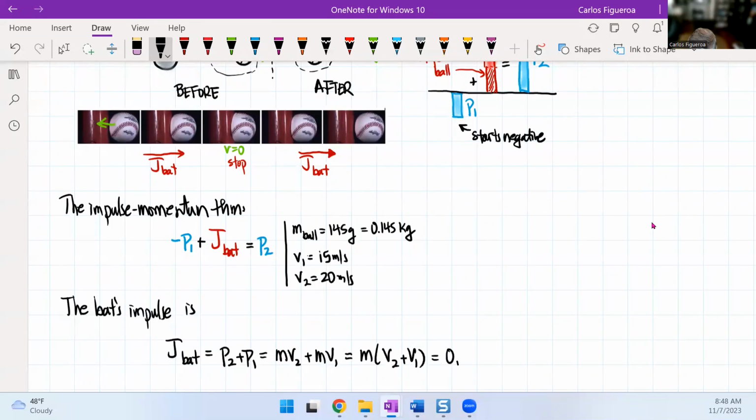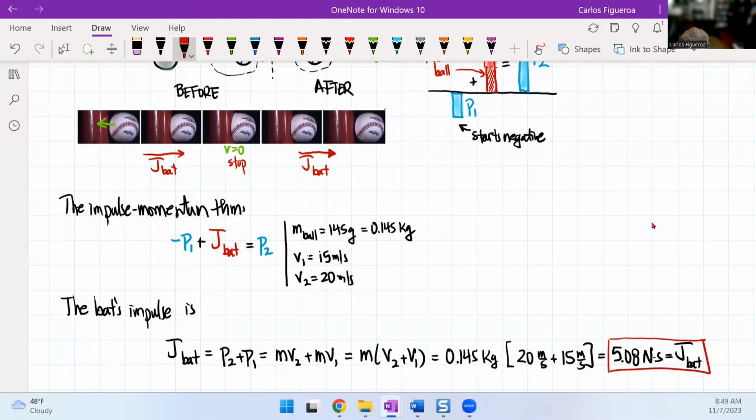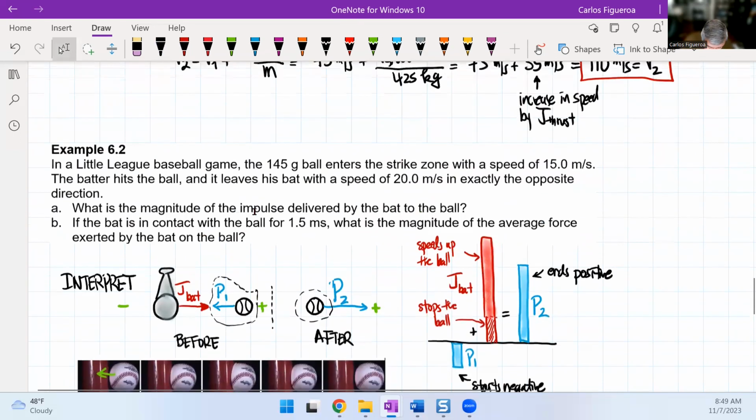So this should be 0.145 kilograms times the quantity 20 meters per second plus 15 meters per second. And if I compute that, I get a value that reads 5.08 Newton seconds for the impulse of the bat. I now know what the impulse of the bat is.